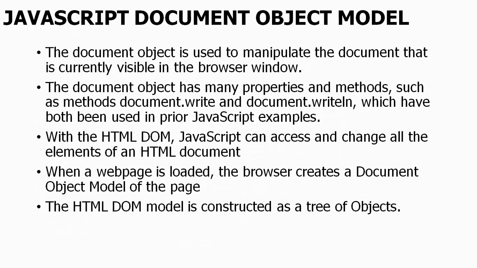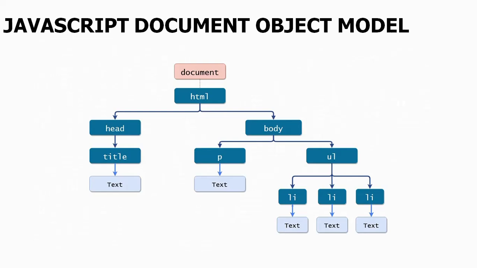The document object is used to manipulate the document that is currently visible in the browser window. The model is constructed as a tree of objects. This is a block diagram. For example, you can easily understand: the document, then HTML, then the head and body separately.